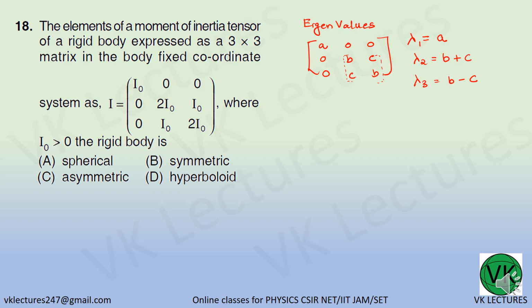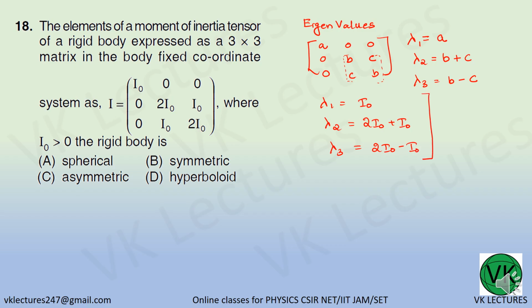Now bringing this matrix into the inertia tensor, we will have lambda 1 equal to I naught, lambda 2 equal to 2 I naught plus I naught, lambda 3 equal to 2 I naught minus I naught.